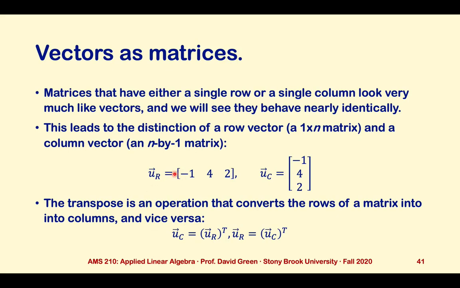When applied to a single row vector, it creates a column vector that looks exactly the same, and vice versa. We use the notation of superscript T for the transpose. And so column vector u is simply the transpose of row vector u. Row vector u is simply the transpose of column vector u.